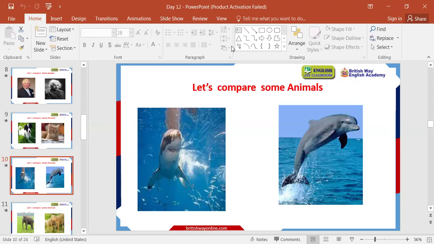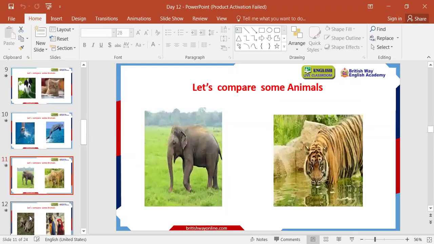The shark is more dangerous than dolphin. The dolphins are cuter than shark. Dolphins are more playful than sharks.